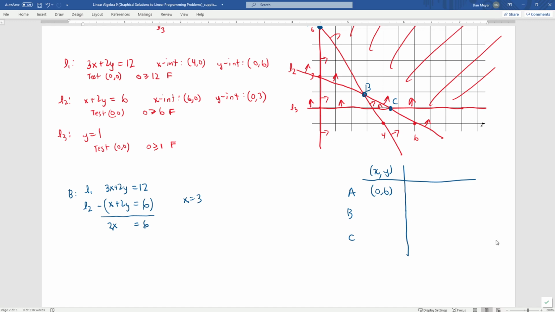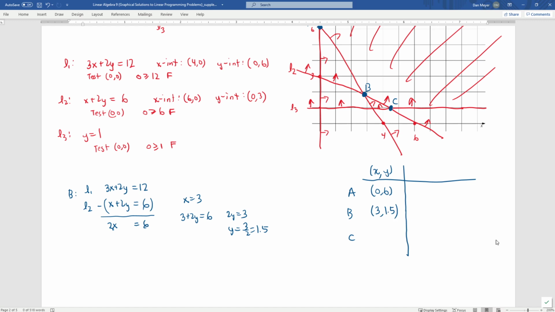And then using the second equation, 3 plus 2y is equal to 6. So that would give 2y is equal to 3. So y is equal to 3/2, or 1.5. And that looks like a reasonable value for our point B here. If I had maybe drawn the lines a little bit better, we might have been able to guess that. So point B is 3, 1.5.